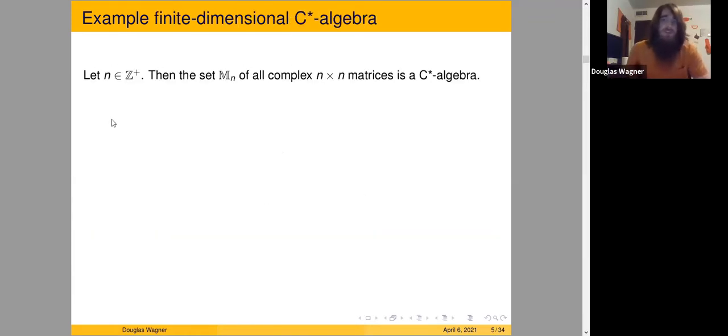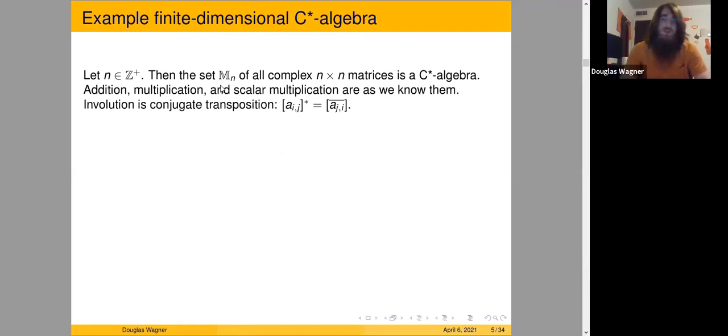Another familiar example are the n-by-n complex matrices. Again, we're going to use the regular operations, but for involution, we don't just take the complex conjugate of the entries, but we want it to be anti-multiplicative, so we also flip the matrix along the diagonal.